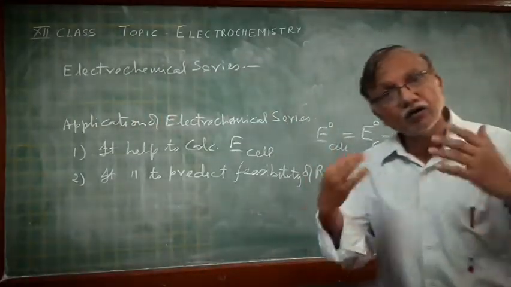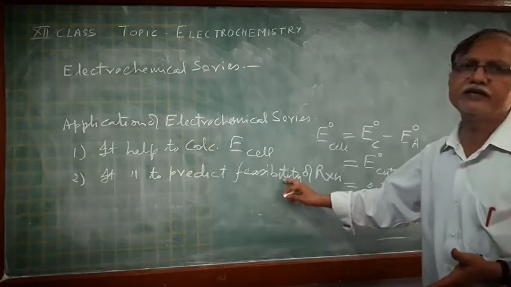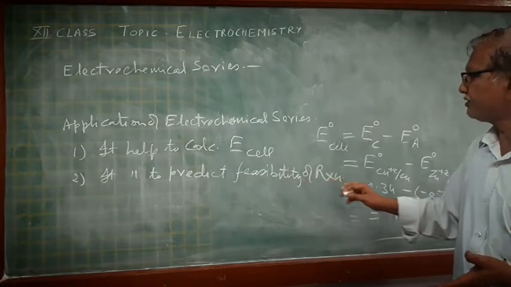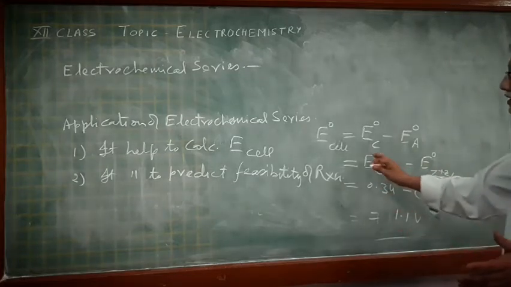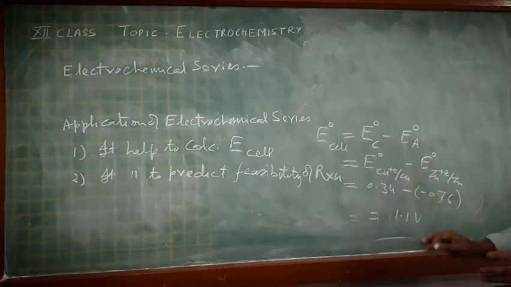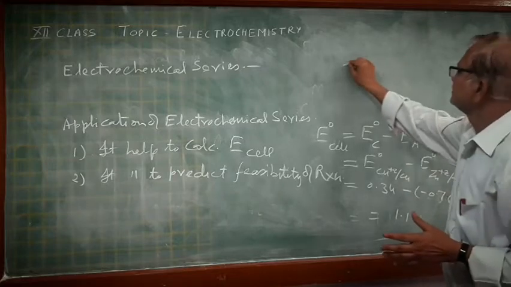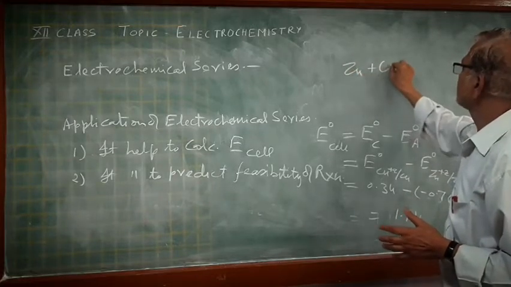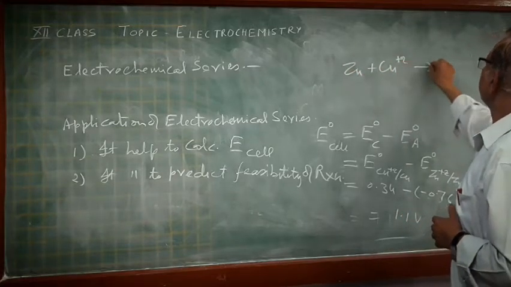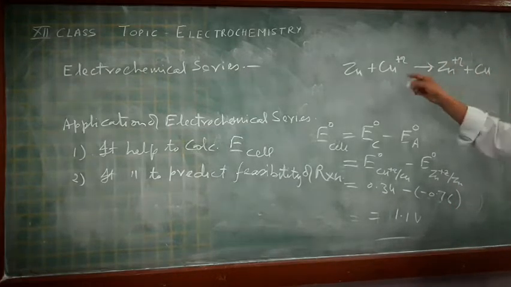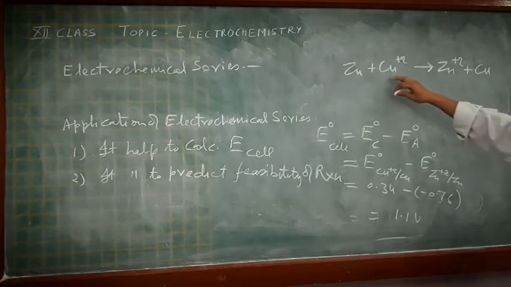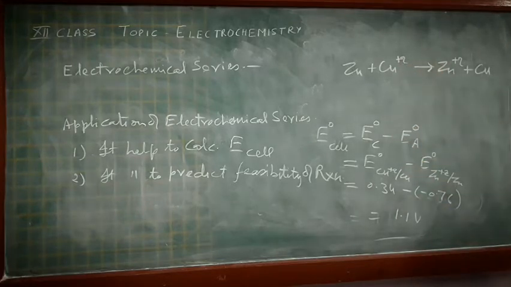Suppose we consider, for understanding, the electrochemical reaction of the galvanic cell: zinc plus copper ion gives zinc ion plus copper. Now in this reaction, suppose we want to know whether this reaction takes place or not.